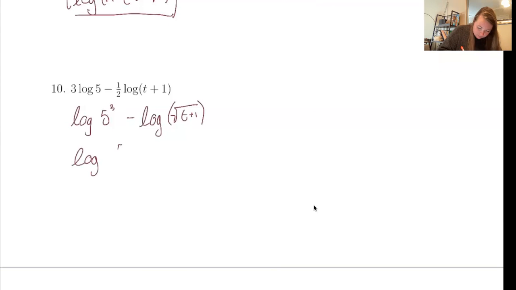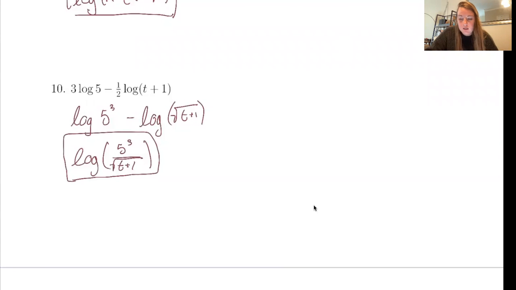So 5 cubed over root t plus 1. Do parentheses here. I wouldn't worry about rationalizing the denominator in this situation. I really care about if you know how to use law of logs. I'm not looking for if you know how to catch that. So writing it like this is perfectly fine.